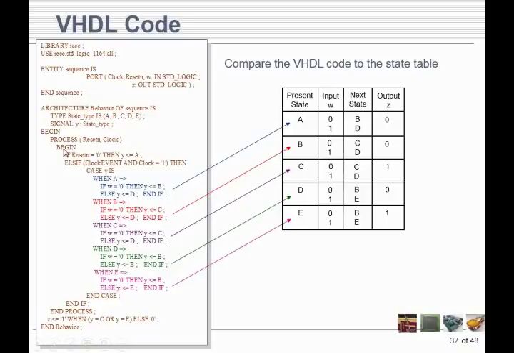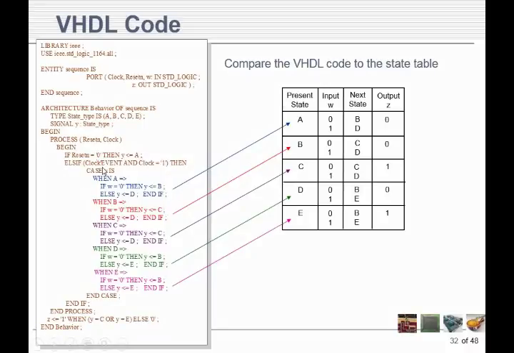here's my reset. Okay, it's asynchronous because it's outside this clock event. So it says if you see this reset line go low, then go to state A. So my first input to the state machine in my test bench should be reset going low, and then I can leave it high for the rest of the simulation.